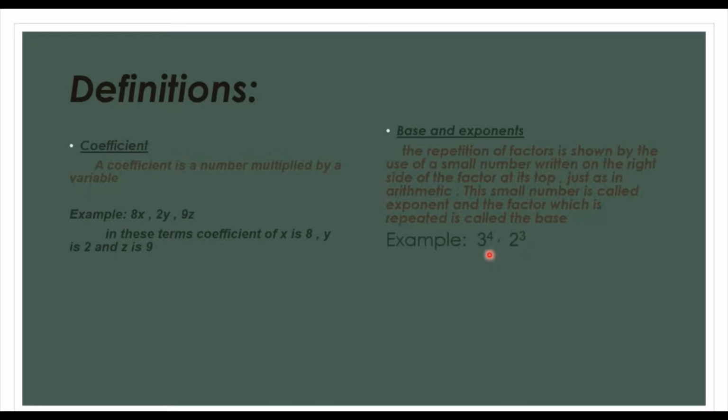For example, 3 with exponent 4, 2 with exponent 3. In the first example, 3 is the base and 4 is the exponent. It shows that 3 is multiplied by itself 4 times. And in the second example, 2 is the base and 3 is the exponent. It shows that 2 is multiplied by itself 3 times.